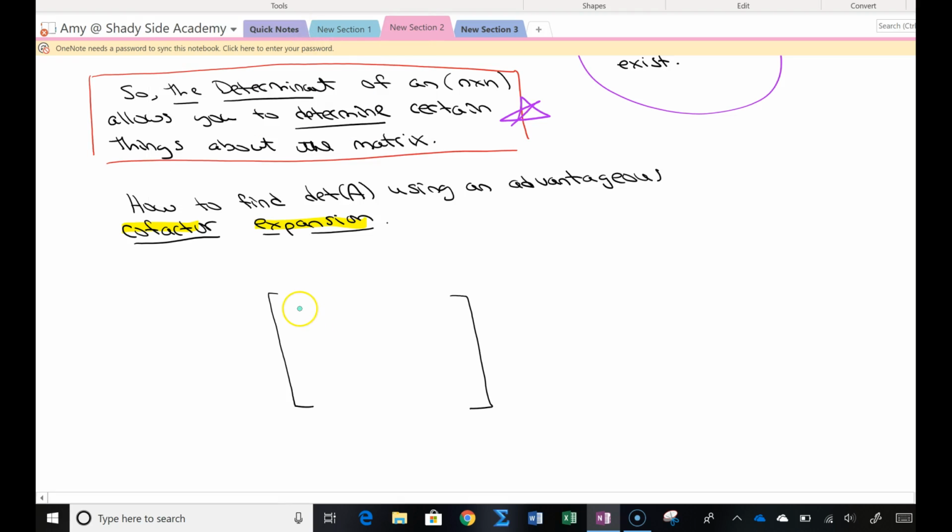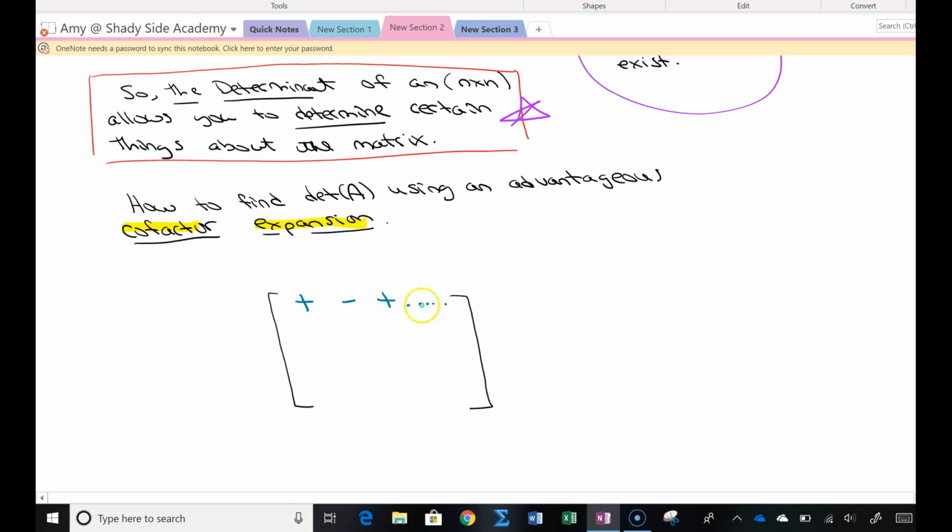We started with saying that if you run across row 1, you have to remember it goes plus, minus, plus, and I'm going to put dot, dot, dot here because it could be more than a 3 by 3. But the point is that row 1, you always run across plus, minus, plus, dot, dot, dot.